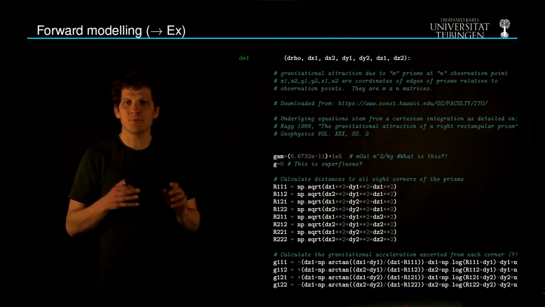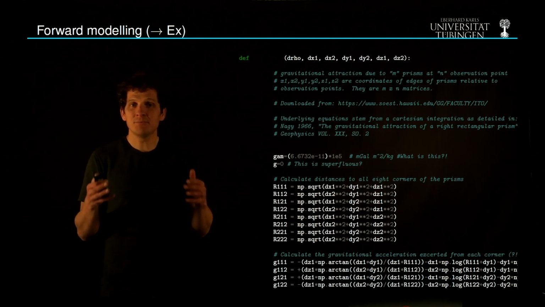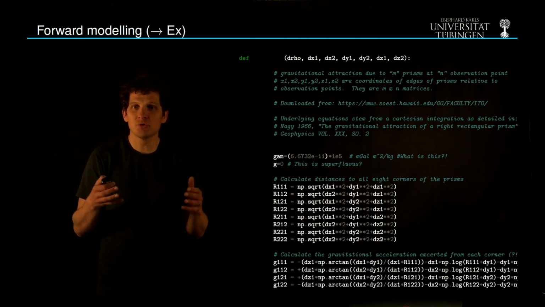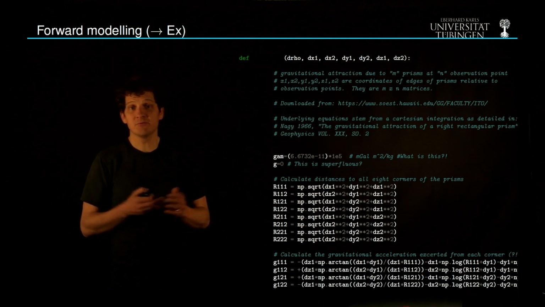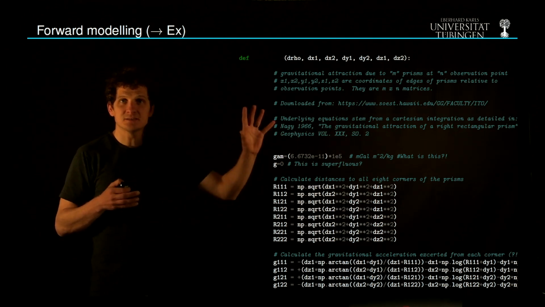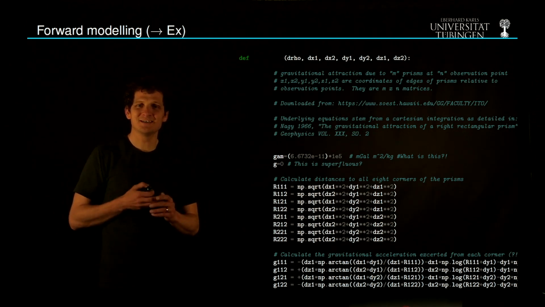And it also requires the coordinates at the edges of the prism, meaning we need to know where the prism is located relative to our sensor. And this is all the information required, and the rest is solving the integration shown in the previous slides, which fortunately has already been solved by others.